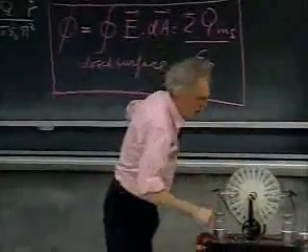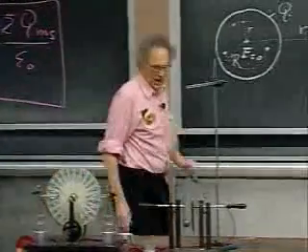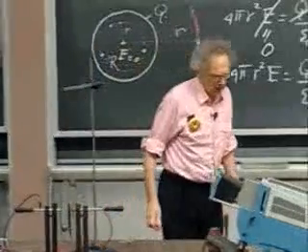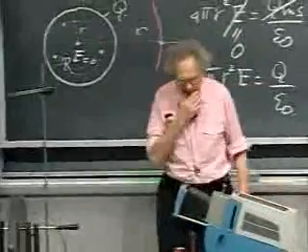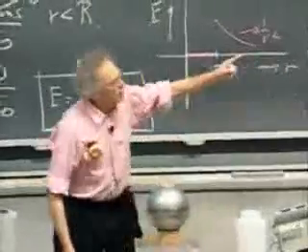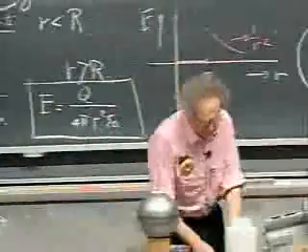If I rotate this crank, I can produce positive and negative charge, and this plate becomes positively charged and the other plate automatically becomes negatively charged. And I'm going to show this to you right there.